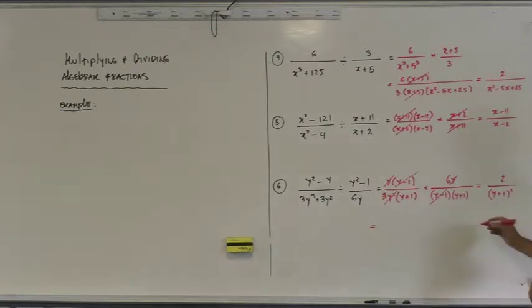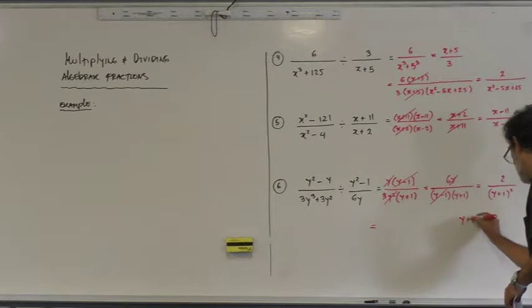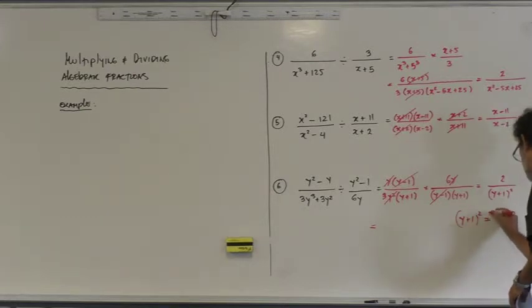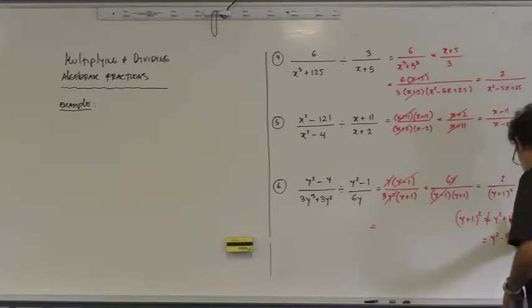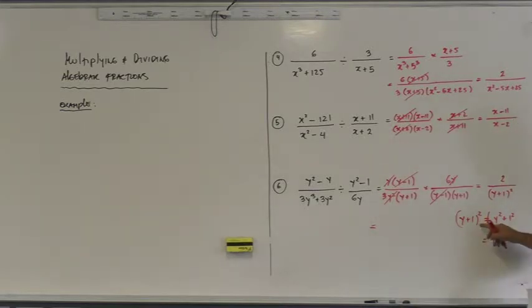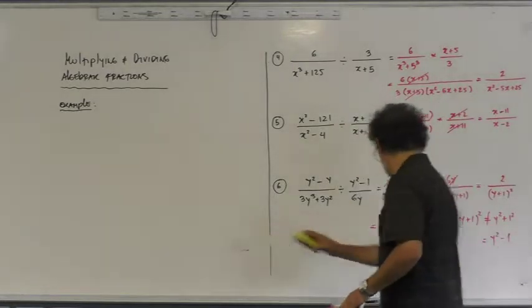We're going to say here, y plus 1 squared is not equal to y squared plus 1 squared, and obviously it's not equal to y squared minus 1 squared, right? So you've got to remember that. She's saying just expand it: a plus b all squared is a squared plus 2ab plus b squared. All right, okay, I know what you're saying.